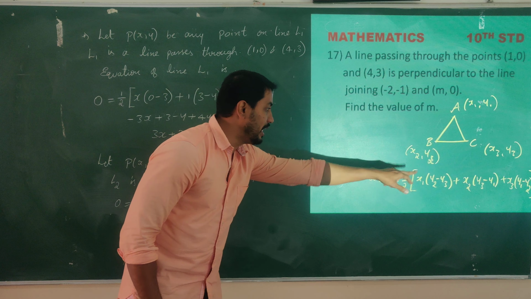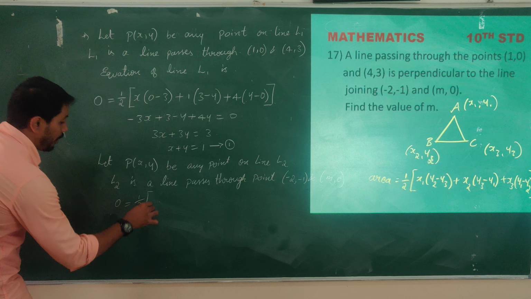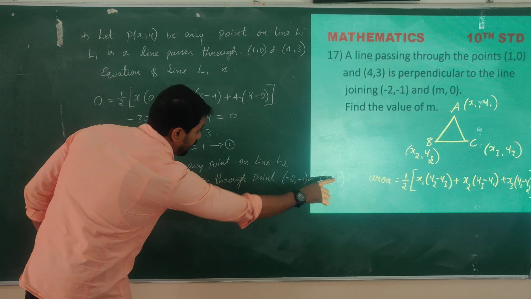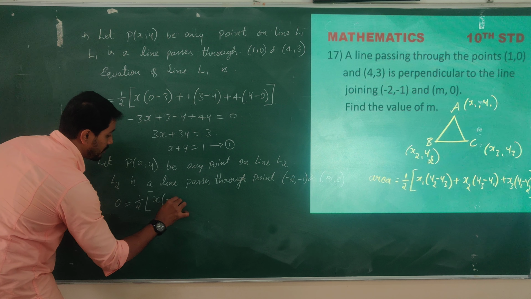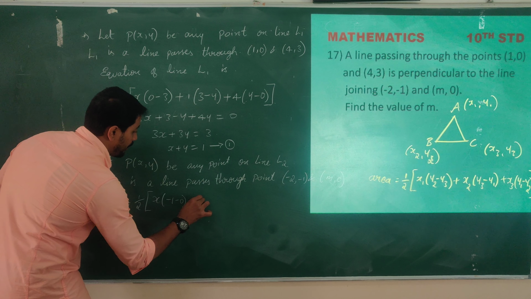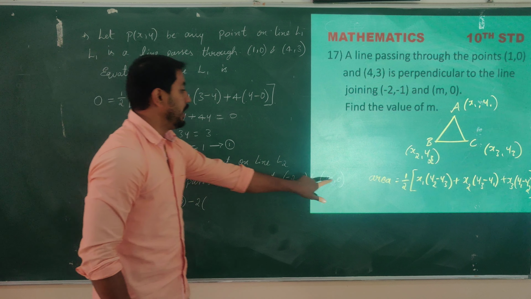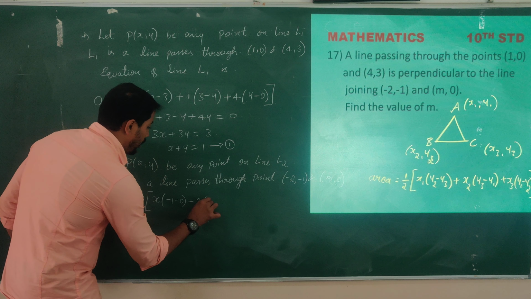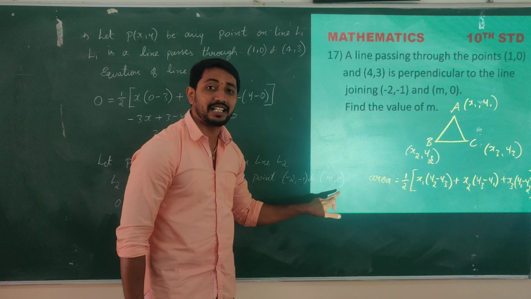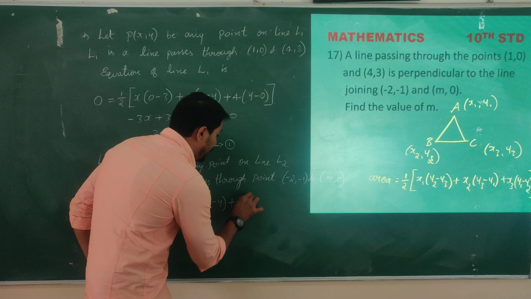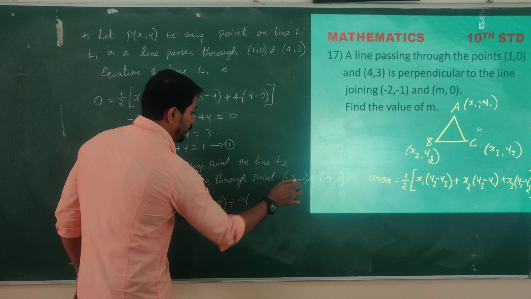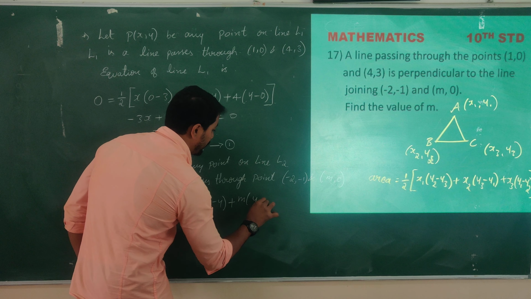Substituting in the formula: x times (-1 minus 0), plus (-2) times (0 minus y), plus m times (y minus y2), where y1 is y and y2 is -1, so it becomes y plus 1.